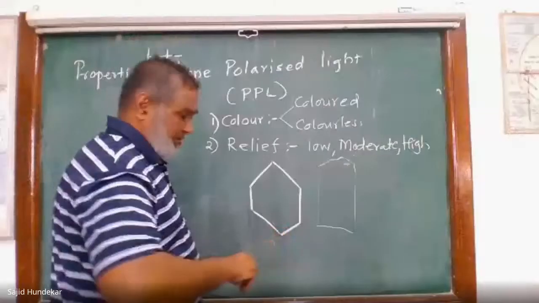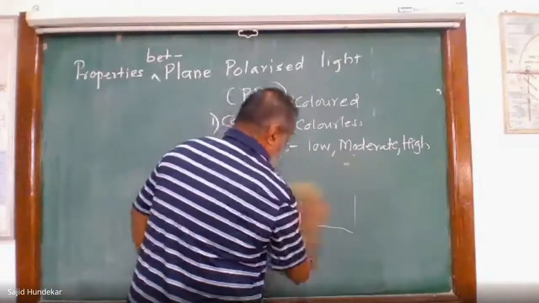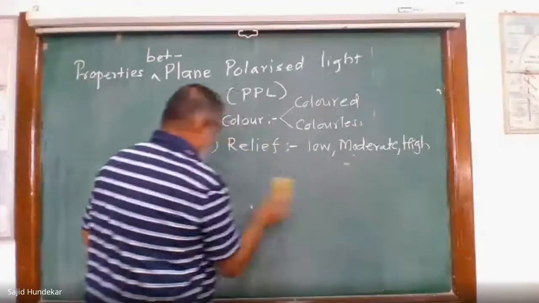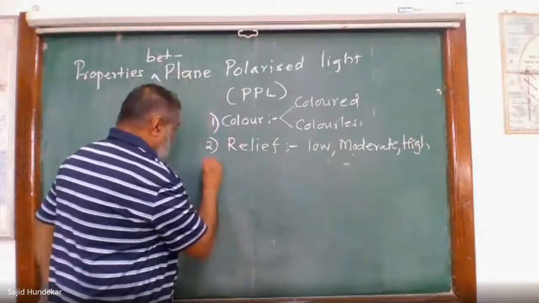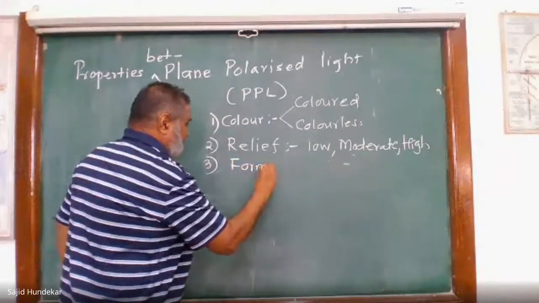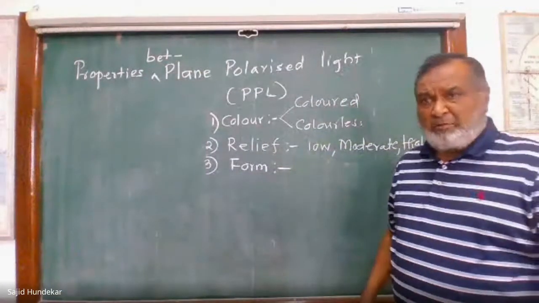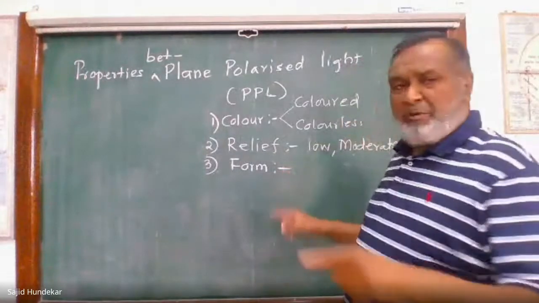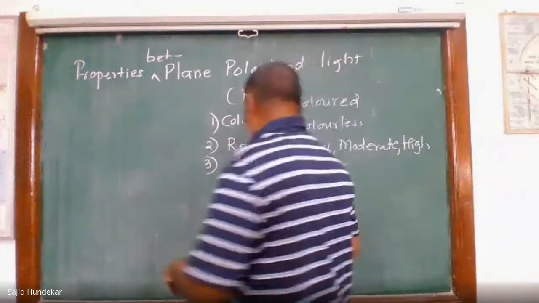Yes? Now the next one is again forms. In the megascopic also, you have seen the form. So here also you will have form. Now the basic forms we have, whatever the shape of the mineral is, on this basis we have three important shapes.